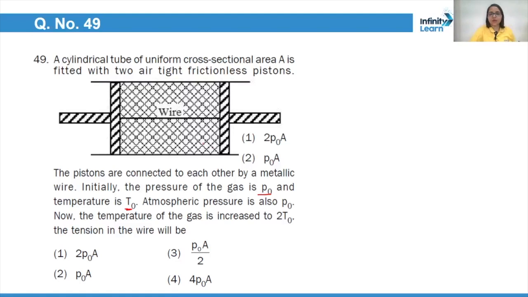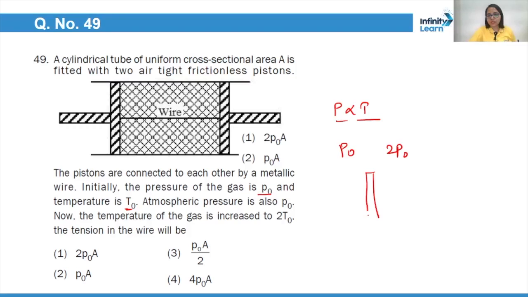So basically, volume cannot change. If you are increasing the temperature, pressure is directly proportional to temperature. If you increase the temperature to 2 times, then pressure will become 2 times. So if the initial pressure inside the container is P naught, then the final will be 2 P naught. Now look at this piston.